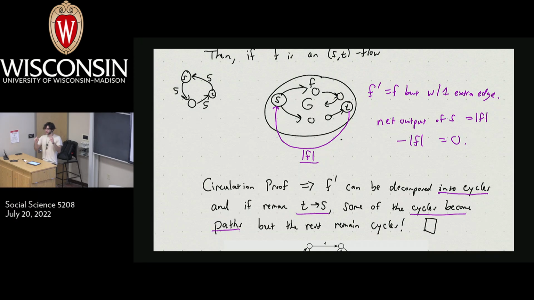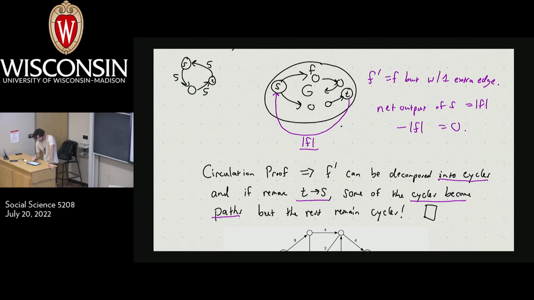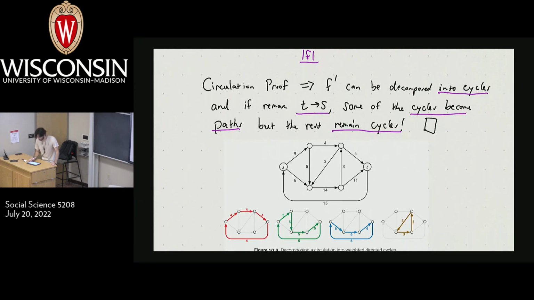But if you break a cycle by just removing an edge, it just becomes a path. It won't turn into another weird cycle or anything. And the things that don't even touch the edge will just be cycles. They aren't modified at all. So this gives us a decomposition for the entire flow, because we have a linear combination of paths and cycles.